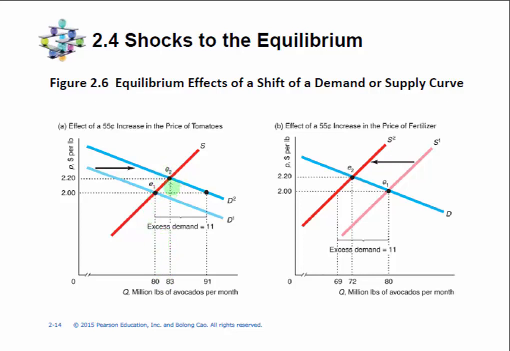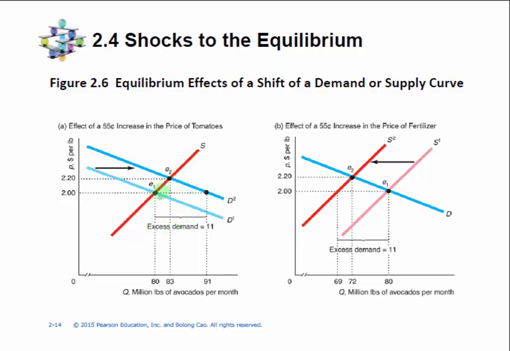So that's the increase in demand, right? And to understand this result, what we have is actually the equilibrium point moving along the supply curve. Because the supply curve is upward sloping, right? When it moves along the supply curve, you can have either an increase in demand or a decrease in demand.